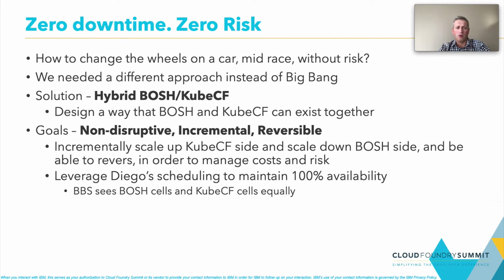As we naturally decrease the number of cells on the BOSH side and increment them on the KubeCF side, the scheduler will just replace the applications. New auctions will favor the distribution of the cells. And it's great because it becomes a much cleaner way to do migration, in an incremental, reversible fashion.